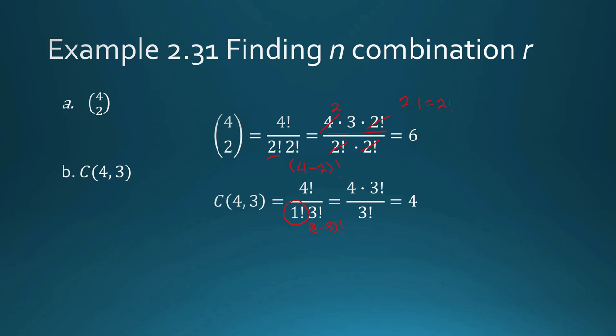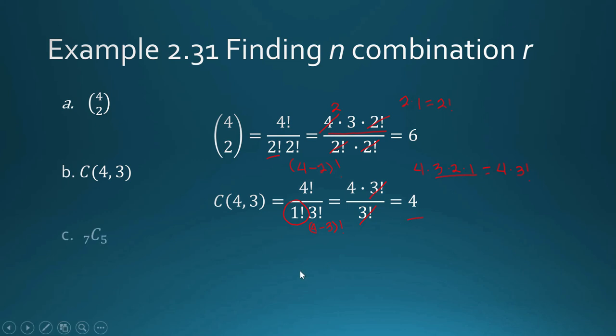And then 4 factorial, which is equal to 4 times 3 times 2 times 1, but that is just equal to 4 times 3 factorial. Why did we write it that way? Because it's easy to show to students who are new to these notations, to these symbols, that 3 factorial and 3 factorial get cancelled. And what you have is 4.